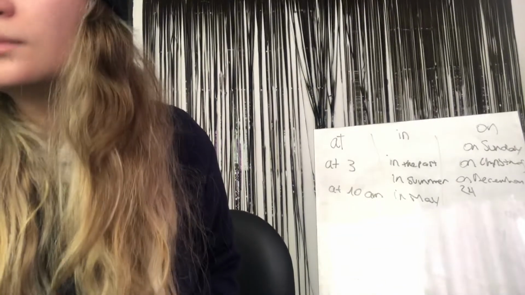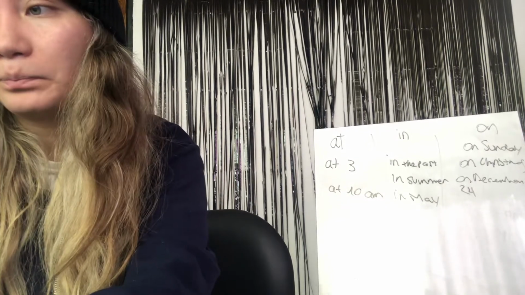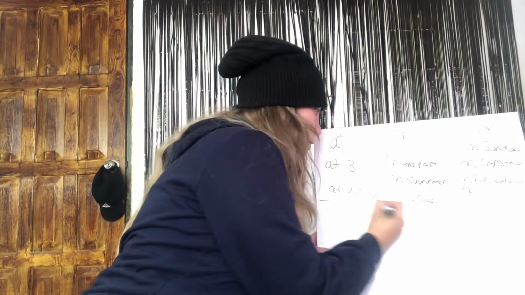Okay. These words are called prepositions of time. And I want you to complete the sentences I'm going to put here in order to see if you understand this topic.